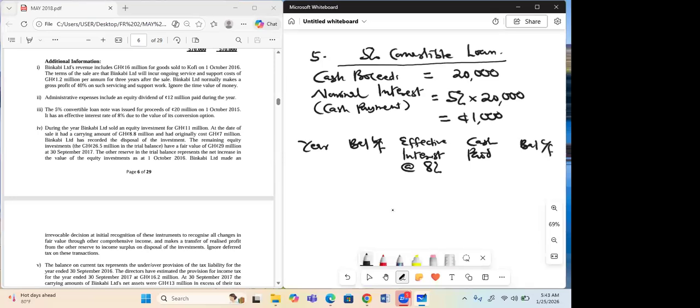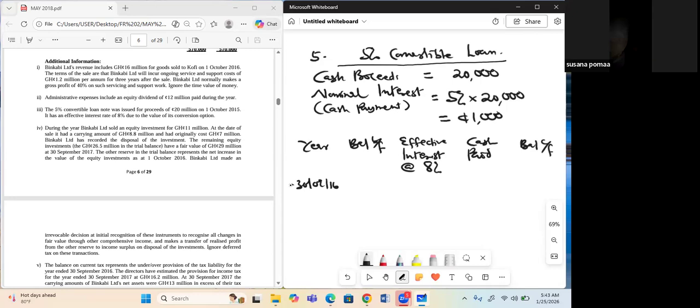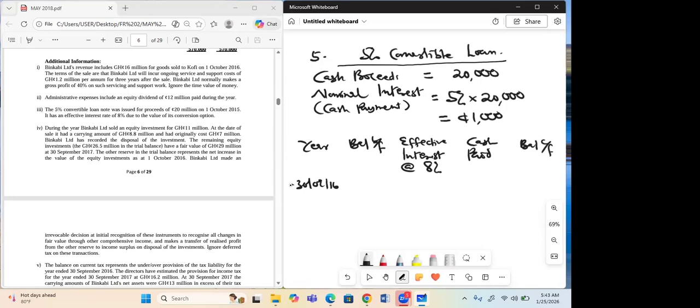So they said they issued it on 1st October 2015. That means up to 30th September 2016, previous year, they did something. It means that previous year, the opening balance was 20 million, let's say 20,000. Give me 8% of 20,000. 1,600.